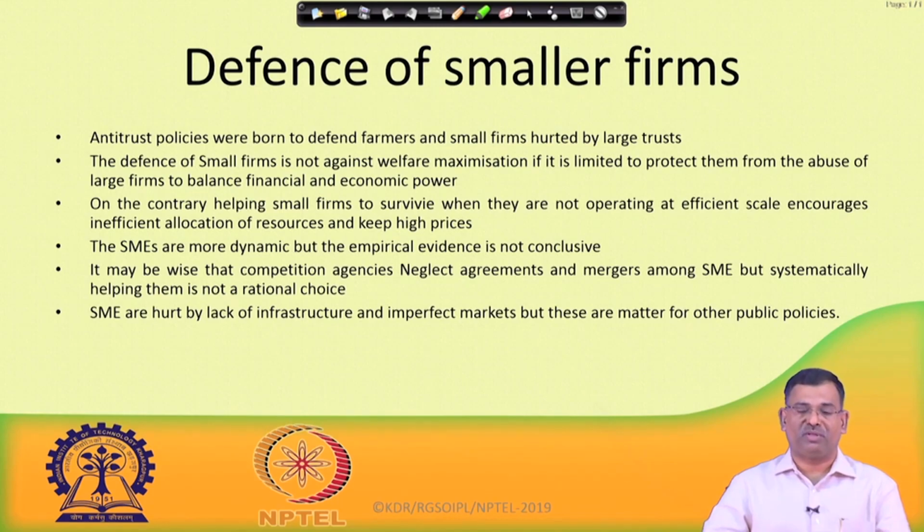On the contrary, helping small firms to survive even though they are not operating efficiently or at a sufficient scale encourages inefficient allocation of resources. But every government protects small scale businesses because they provide a lot of employment, especially in rural areas.